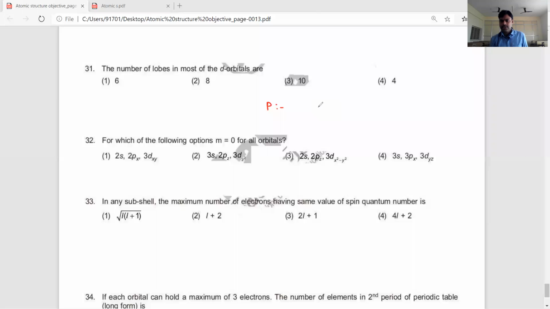If you observe the p orbital structure, it is a dumbbell shape, it is one lobe. This is the positive lobe, the second one is the negative lobe. This is another lobe. So the p orbital has two lobes. The two lobes are arranged in a dumbbell shape.